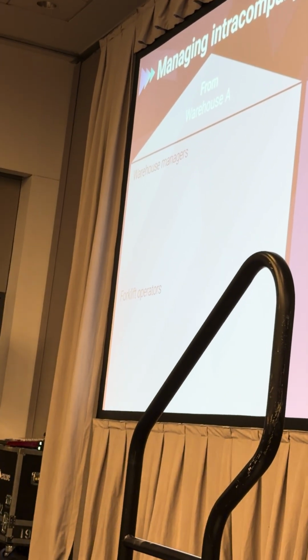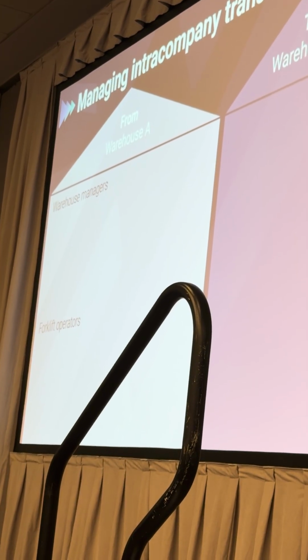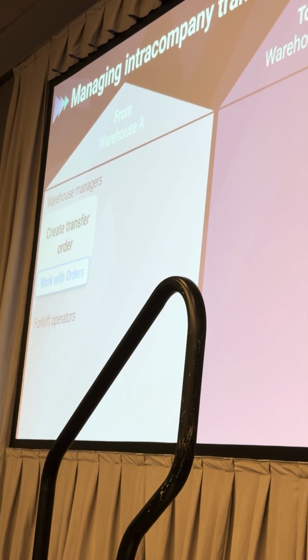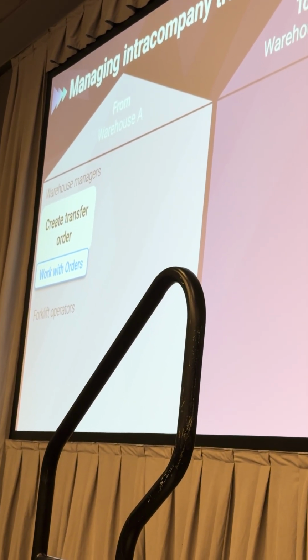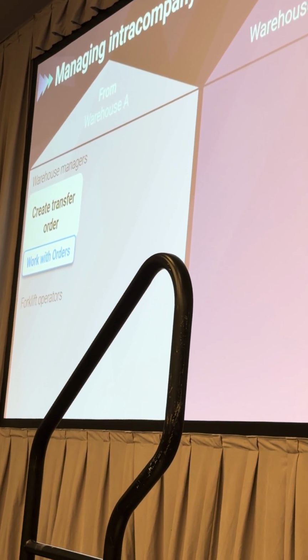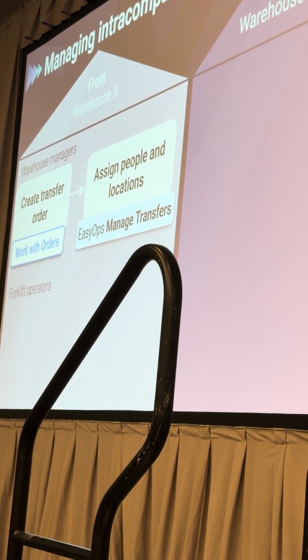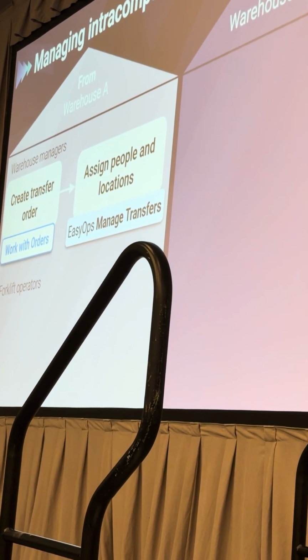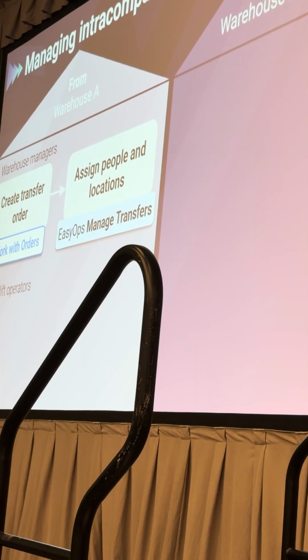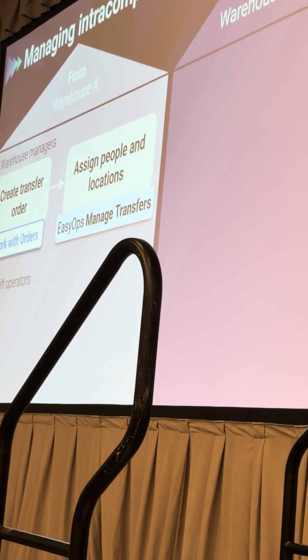From warehouse A to warehouse B, super simple, common example, okay? So today, warehouse managers, by using the tools, someone creates this transfer order and works with orders and beverage. Most of you are familiar with that. The new stuff, which I'm going to show you, the Managed Transfers tile in EasyOps, you can actually assign those transfers or part of the transfer to certain warehouse personnel.